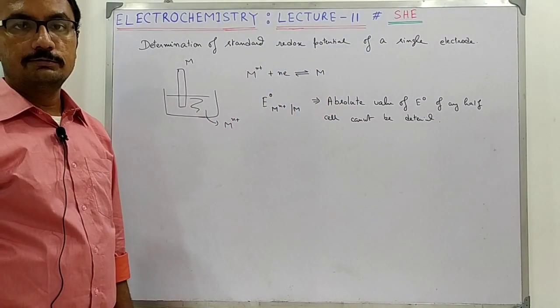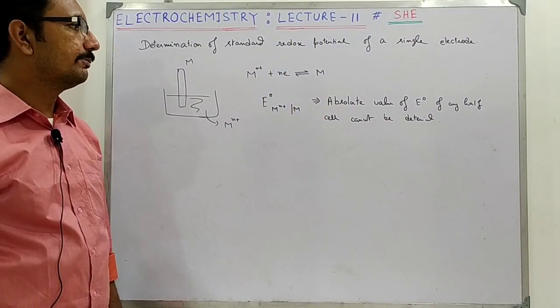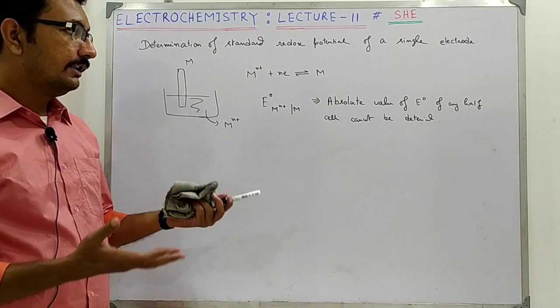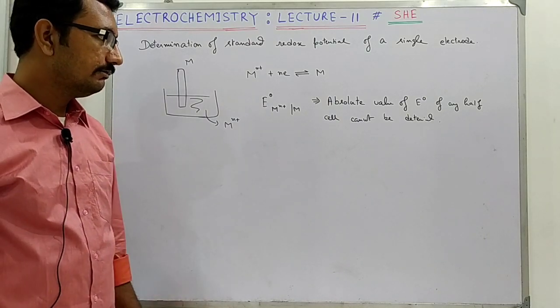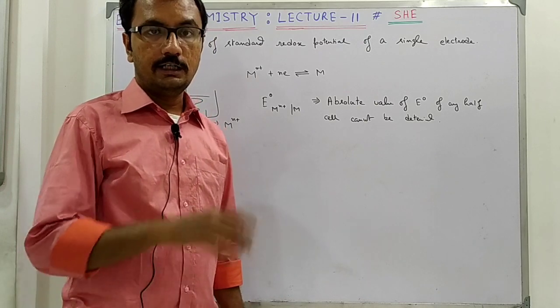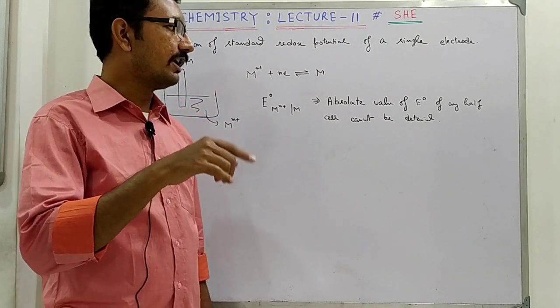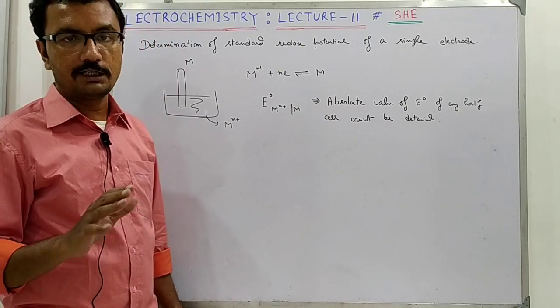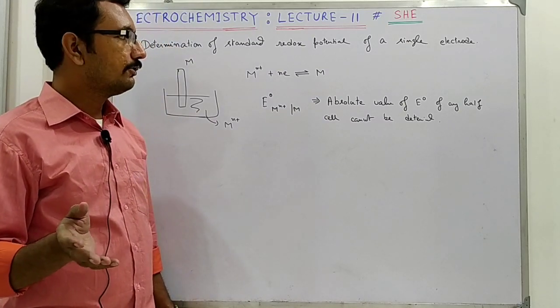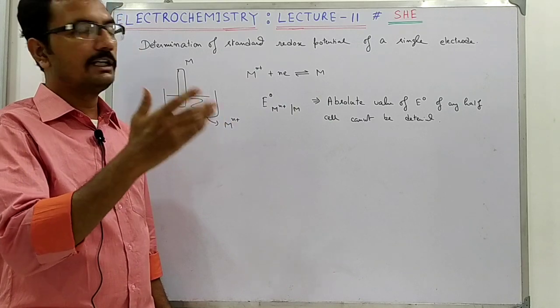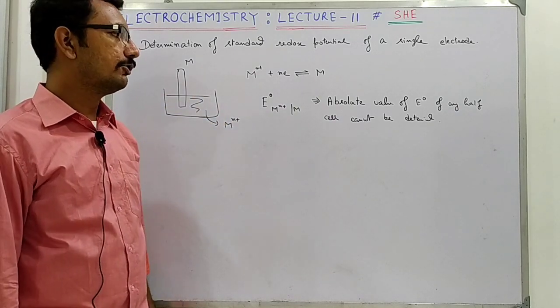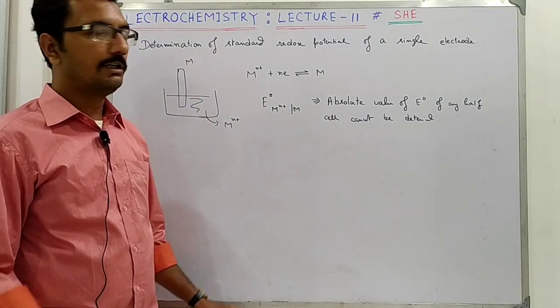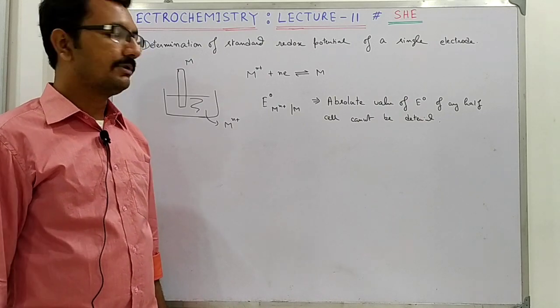So what will you do to have the value of this, and where from are we writing in the numerical problems that E0 Zn|Zn2+ equals plus 0.76 volt, or E0 Zn2+|Zn equals minus 0.76 volt? From where are we getting those standard electrode potentials? That is our point of discussion today.